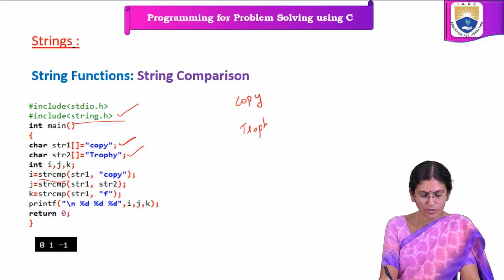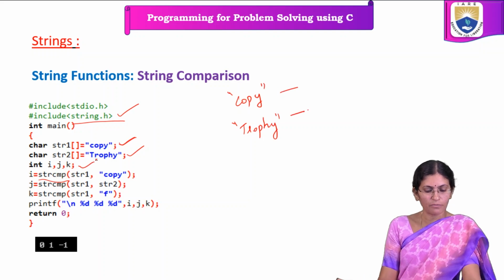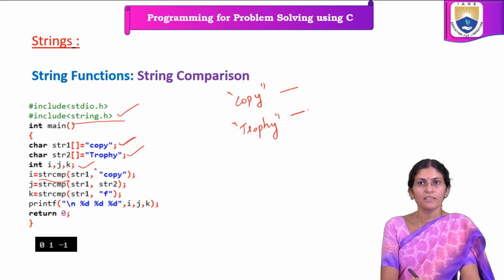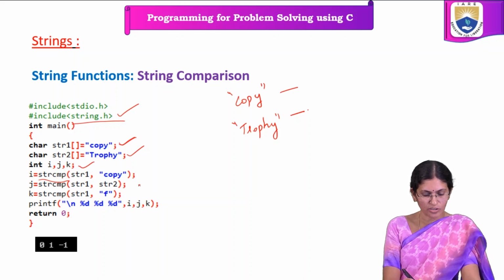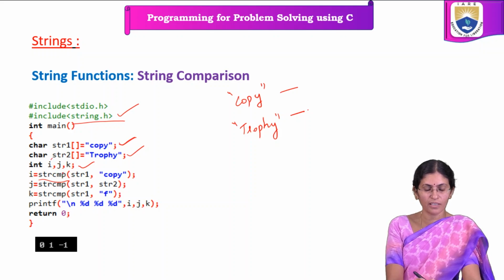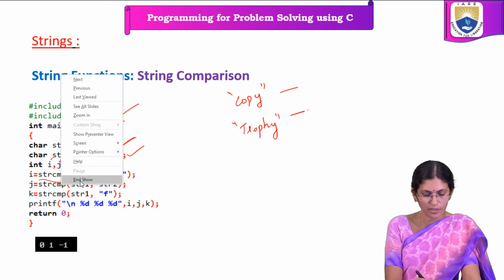And we have declared three integer variables i, j and k. The return type of this is an integer, so in order to store the return value of the string comparison functions, we have declared the variables i, j and k.